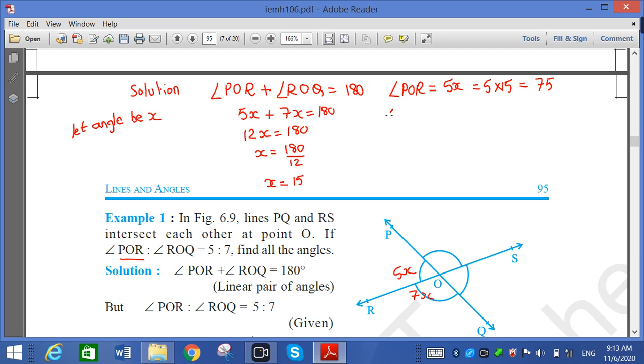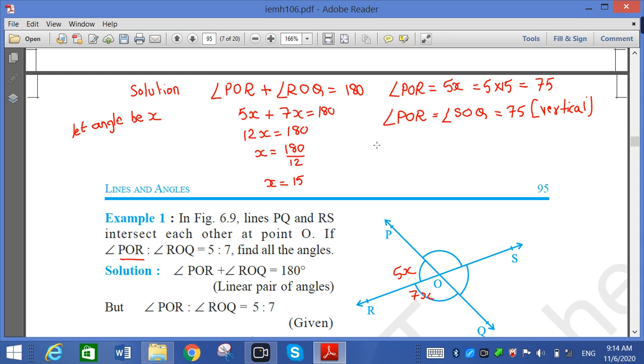So angle POR is equal to angle SOQ is equal to 75. We have to say vertical opposite angles are equal according to theorem 6.1.